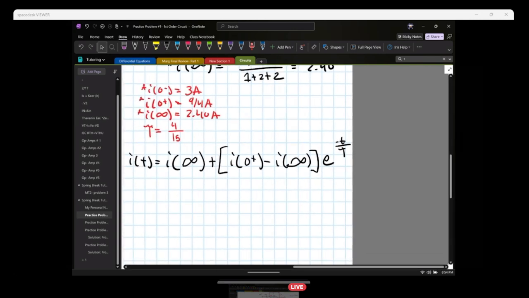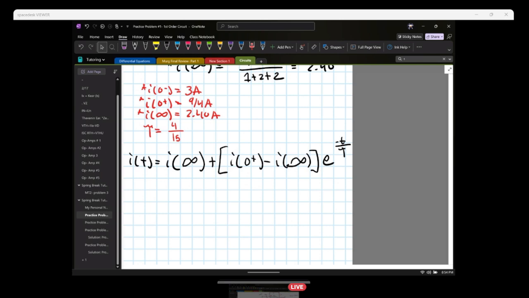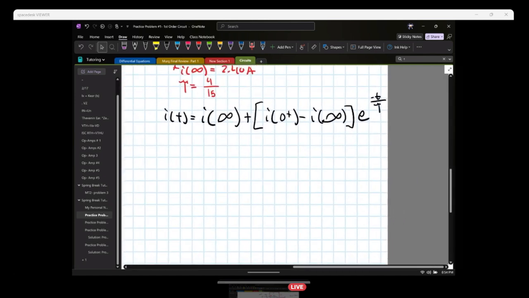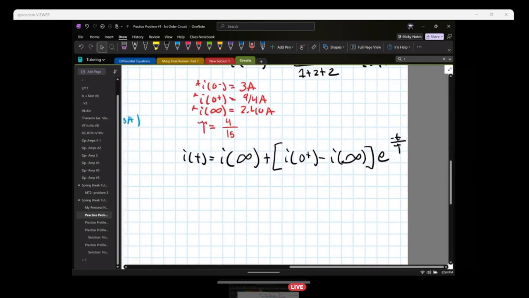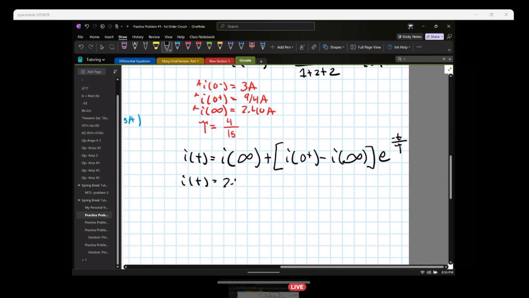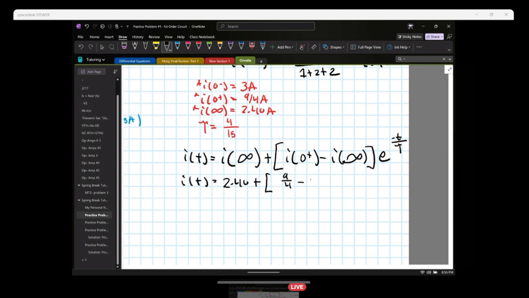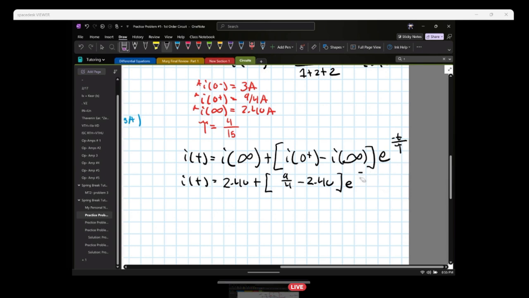I think I got the right equation down. Yes, it looks right, for the general. So we just plug in the values we have. I of t will equal 2.40 plus 9 over 4 minus 2.40, times e to the negative t over 4/15. So I'm just gonna write this as negative 15 over 4. There you go. Just simplify the middle.